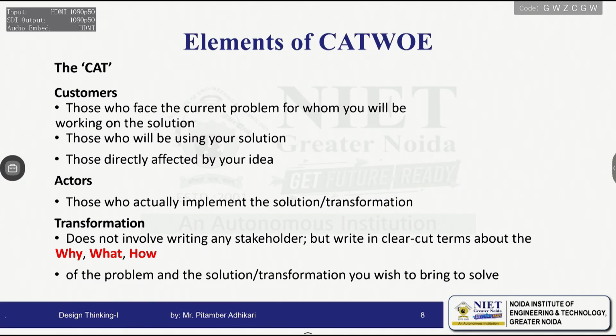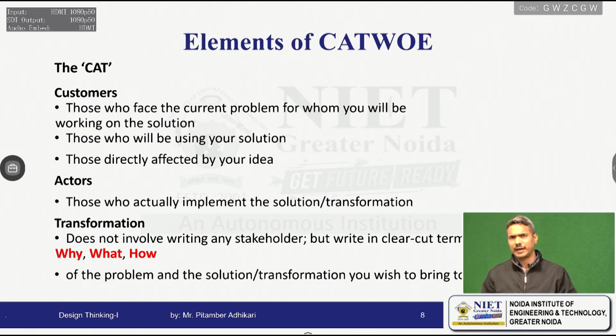After customer, next is actor. A stands for actor. So which stakeholders will come under this category? Those who are actually implementing the solution, or we can say those who are transforming this solution, will come under the category of actors.